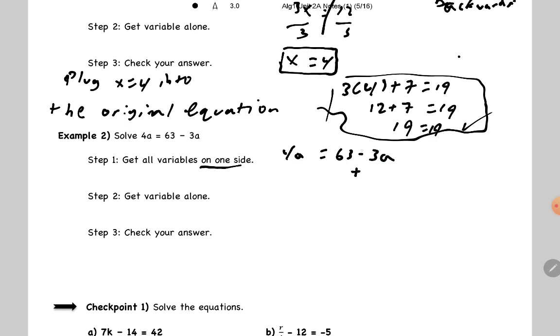I want to move this 3a over to the other side. Think of it as 3 apples. If I'm subtracting 3 apples, I'm going to add 3 apples. Notice how this just goes away. It becomes 0.